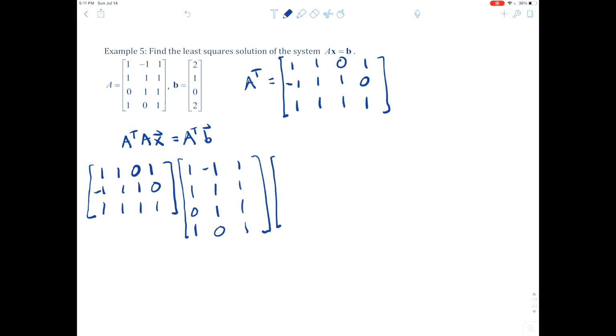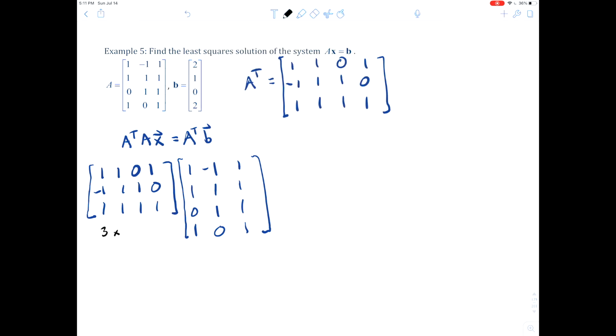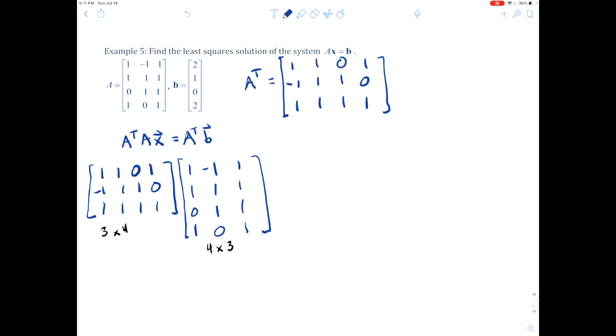And then times, so this A transpose is 3 by 4, right? And A is 4 by 3. So do you see that we'll get a 3 by 3, which means that X must be 3 by 1. Cool so far? Well, this is going to equal what?